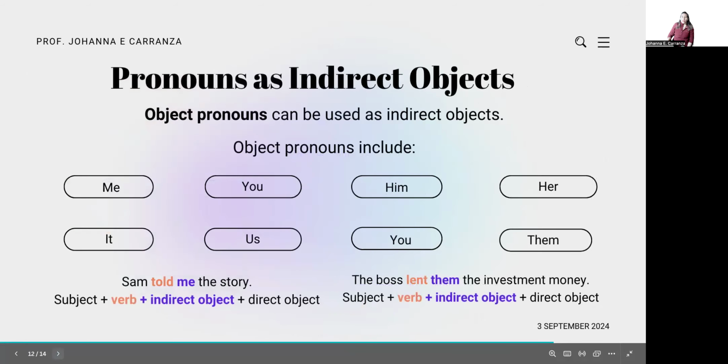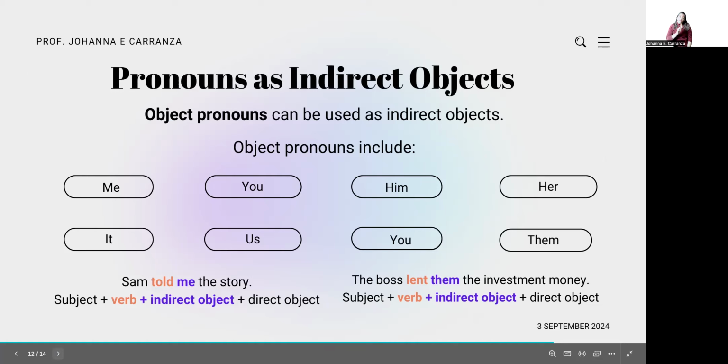Now, the pronouns for indirect objects. We have something called, in English, object pronouns, right? And these object pronouns are usually used as indirect objects. So when your teacher asks, what are object pronouns? These are the ones that you're going to say: me, you, him, her, it, us, you, and them.